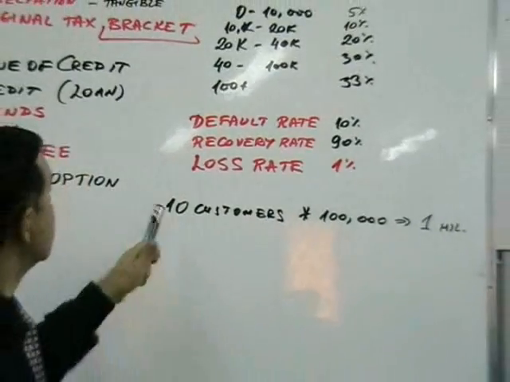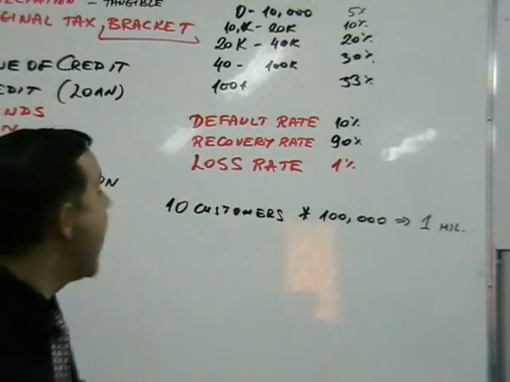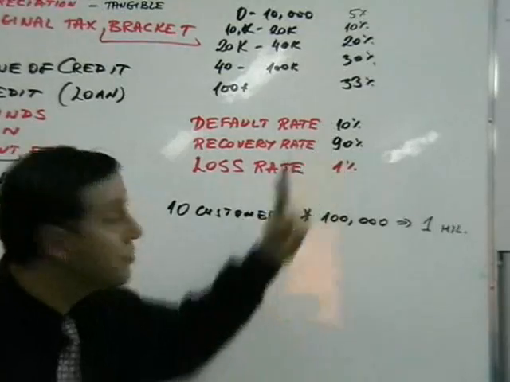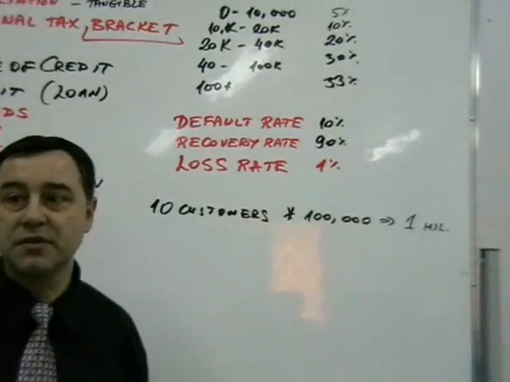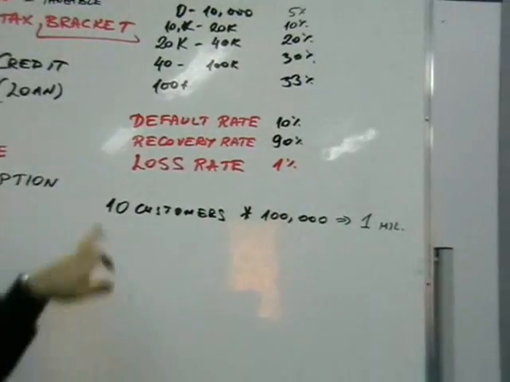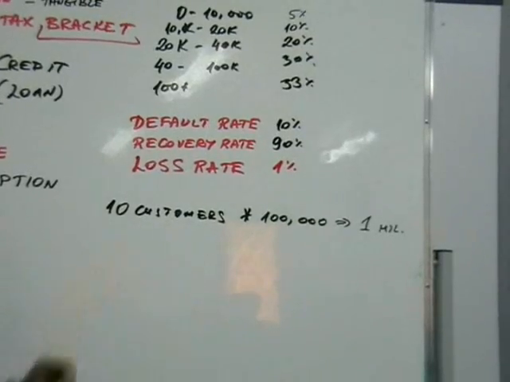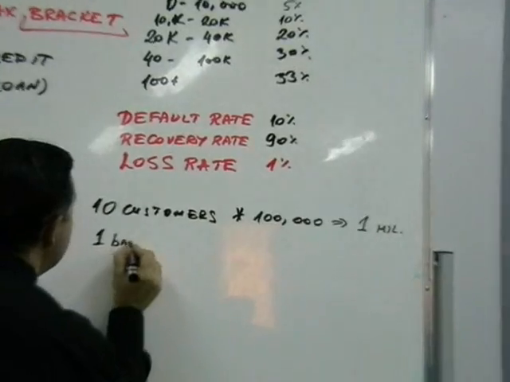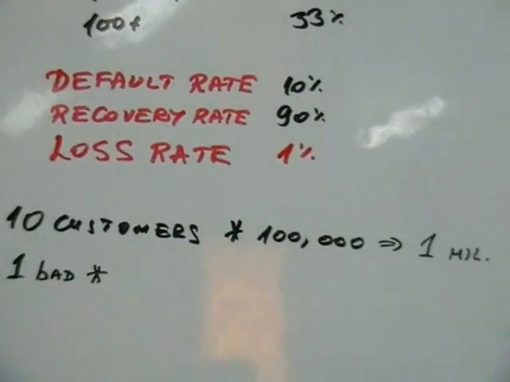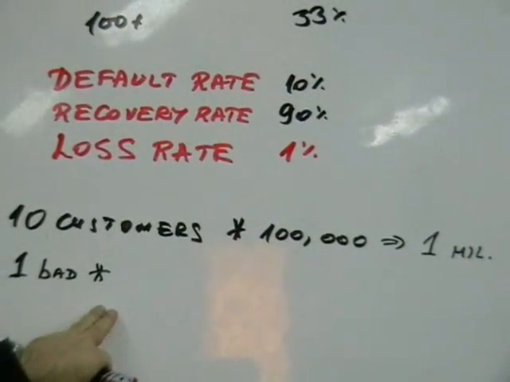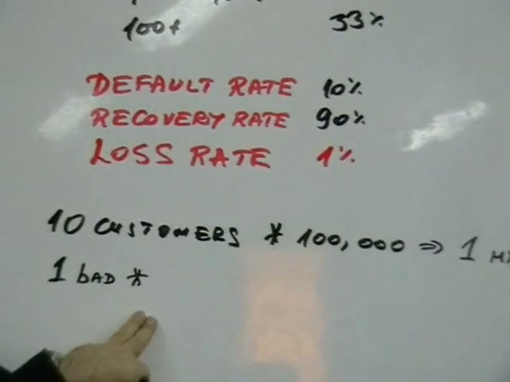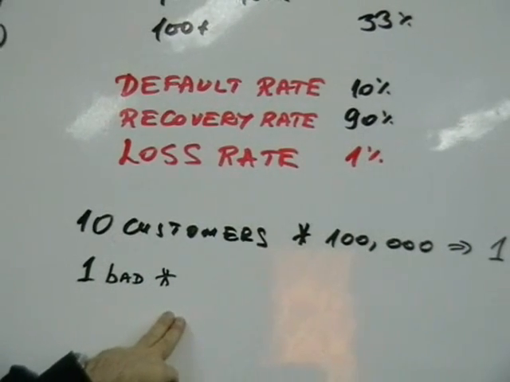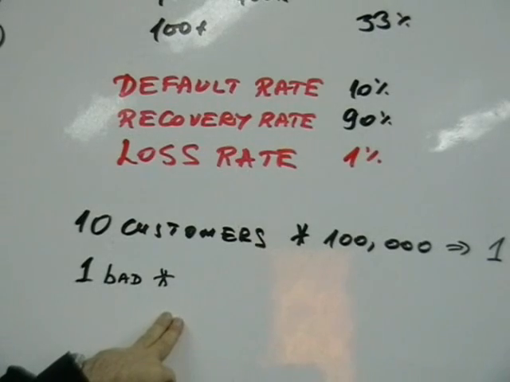So, out of these 10 customers, how many go bad according to these assumptions? Out of 10 customers, 1 goes bad. So 1 is bad, and what is going to be the loss on that one customer? What's going to be the actual loss?